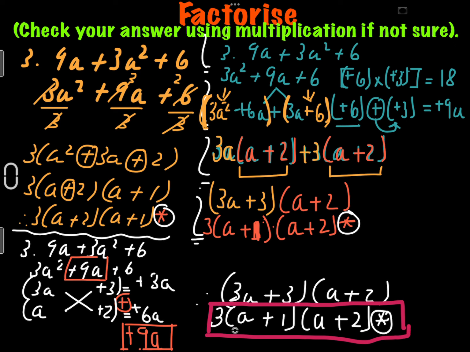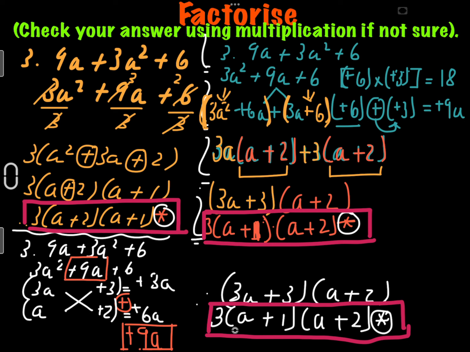Our second answer looks the same as our third answer, and also looks the same as our first answer. In other words, we just show their different variations in terms of factorization. And then that brings us to the end of this application.